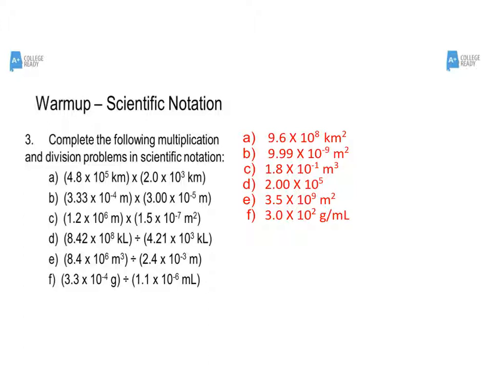All right, so this is multiplication. We're going to multiply these two coefficients together. And when you multiply them together, you get 9.6. You're going to add the two exponents, 9.6 times 10 to the 8th. And that is our answer. Once again, we're going to multiply these two coefficients. You get 9.99. Add the two exponents together.